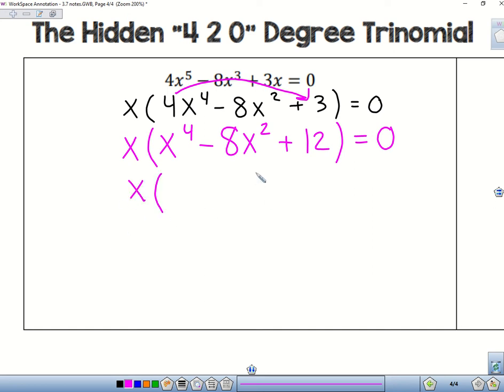So this is going to factor into, we're looking for factors of positive 12 that add up to negative 8. Ideas? Good, negative 6 and negative 2. And since we use the AC method, which we did a few weeks ago, so I assume you guys forget, is to divide by the A value, right?